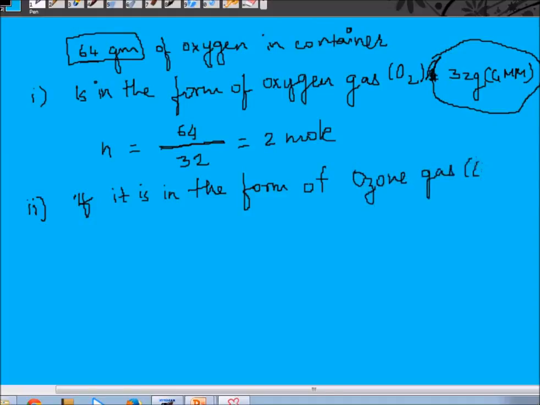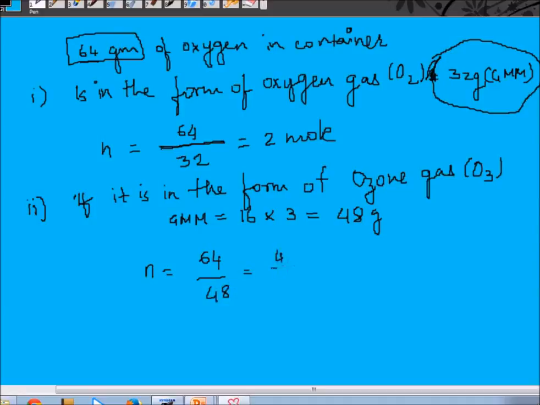So if it is in the form of ozone, it is in the form of O3. The gram molecular mass of ozone, we just calculated in the previous slide, is 16 into 3, there are 3 atoms, that is 48 gram. So the number of moles will be given mass, this time 64 gram, divided by 48.